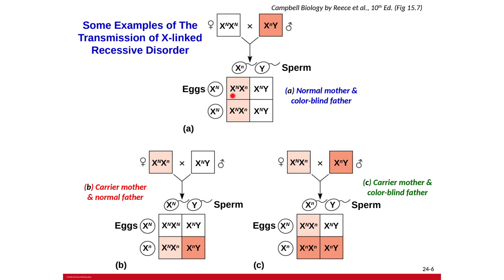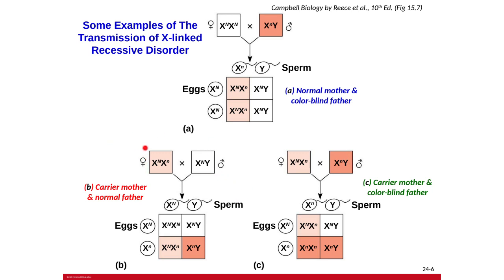So we have X big N, and then X small n. So all the females, all the daughters in this family, would be carriers. They would be heterozygous. Let's look at another possibility.